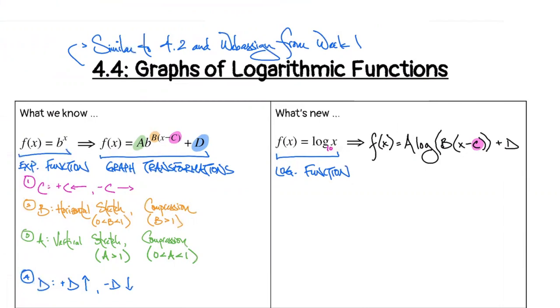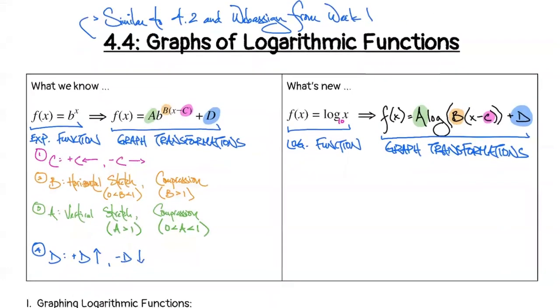And the second thing I'm going to apply is the b value. And the third thing I'm going to apply is the a value. And just like with the exponential, the last thing we're going to apply is the d. Okay. And so this, just like we had over there, is still our graph transformation. Now, that part's the same, but what's different is we're going to have a different shaped graph.